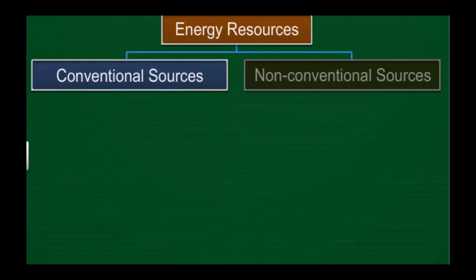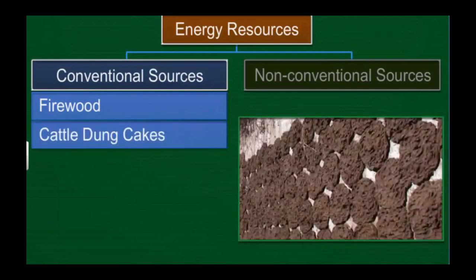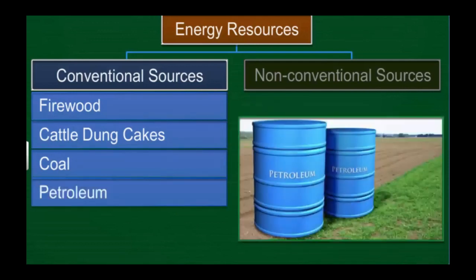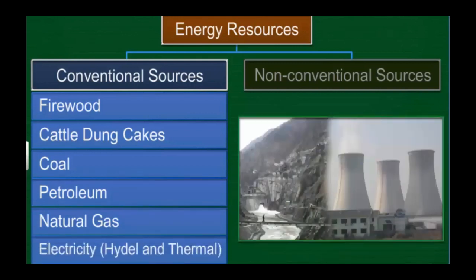The conventional sources of energy include firewood, cattle dung cakes, minerals like coal, petroleum, and natural gas, and electricity generated by flowing water or burning fuel.